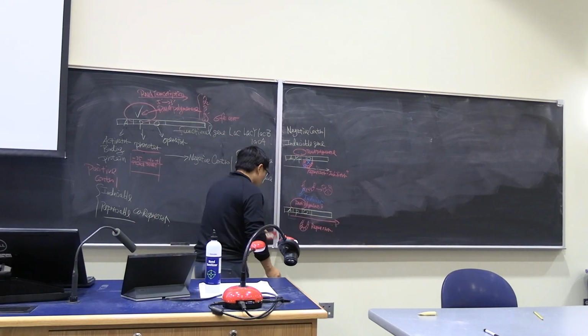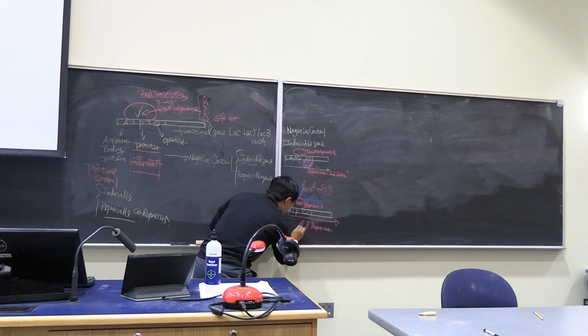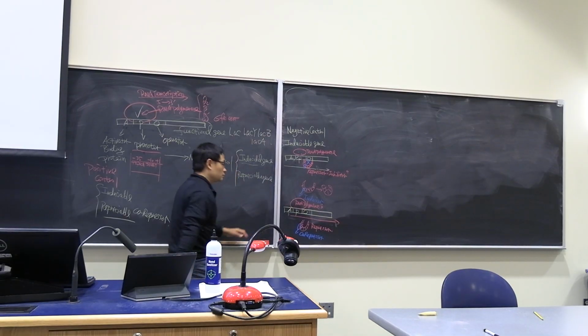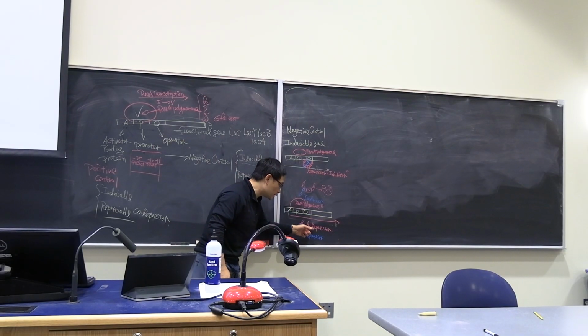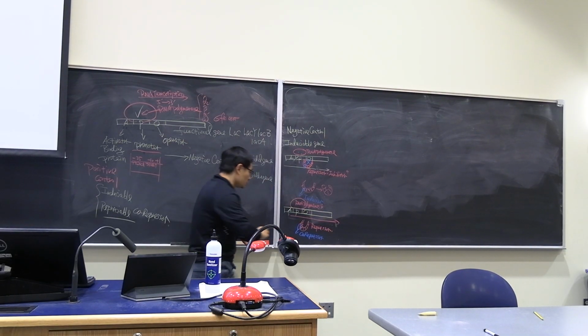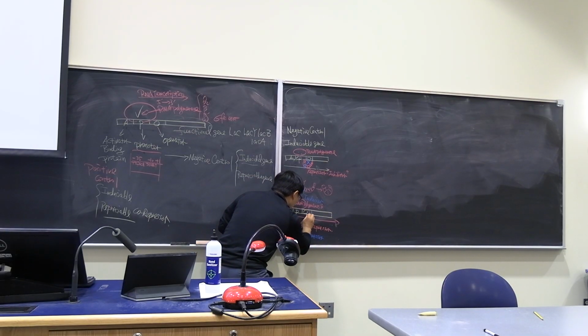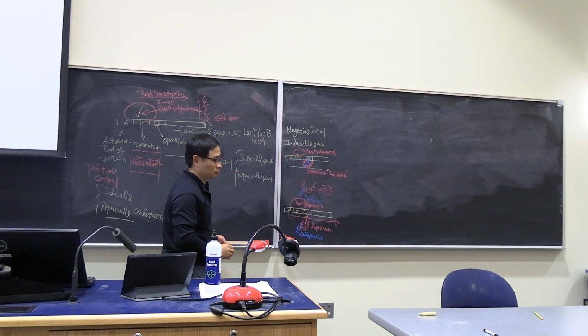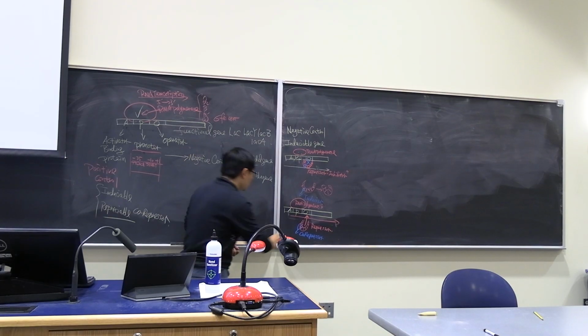However, something comes along. This is called a co-repressor. Once the co-repressor attaches to the repressor, they change the morphology, and they go ahead and attach to the O position, which is the operator.